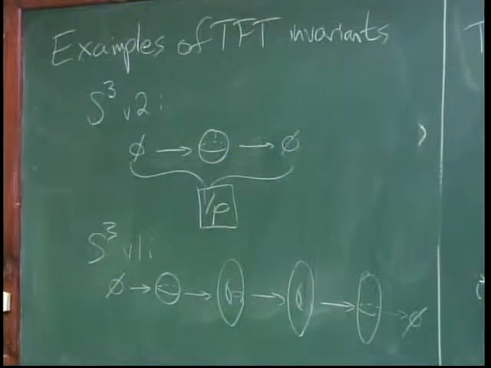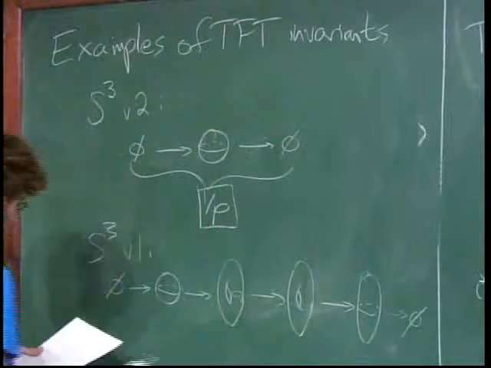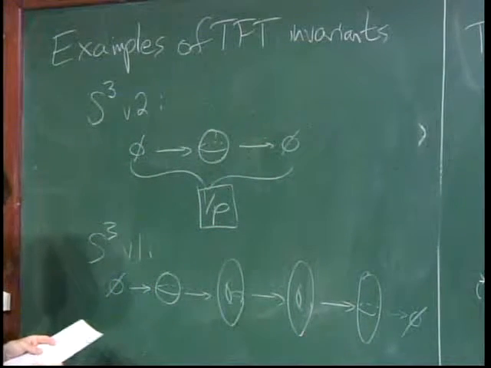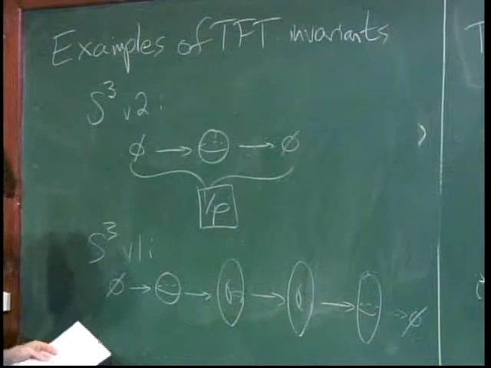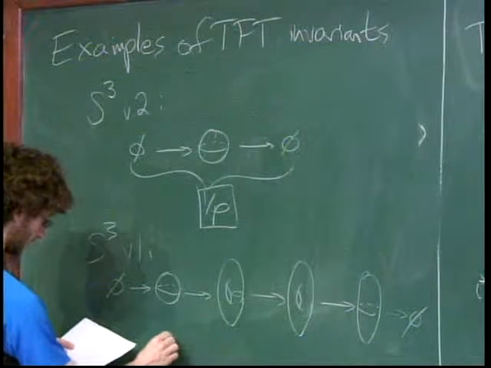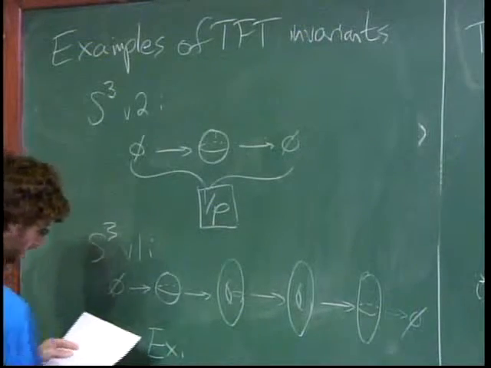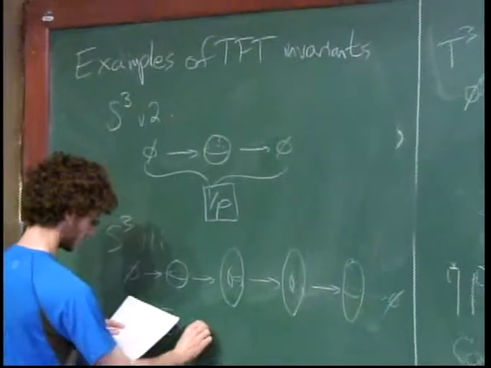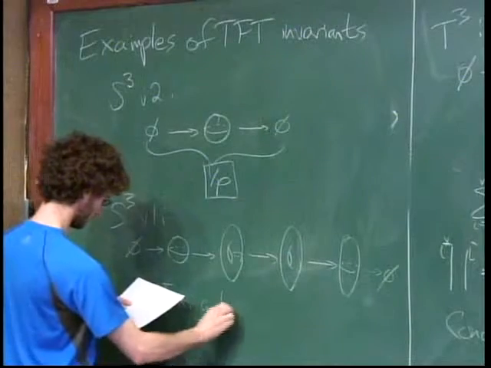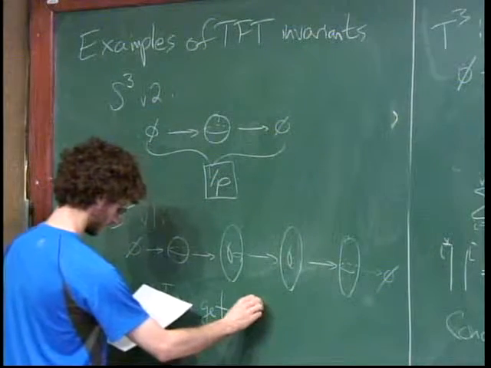But let me just write down the answer because it'll be useful. Maybe I'll leave it as an exercise in these string diagrams to check that you get, what do you get?